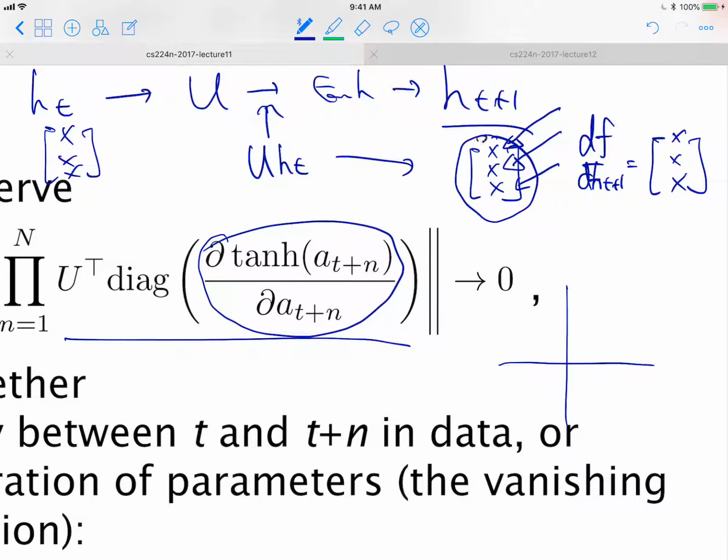So if it was 3 and negative 0.3 and maybe 2, then we would consider this value, which is the first dimension of the gradient at this ht plus 1, and we would multiply the slope with this guy, right?